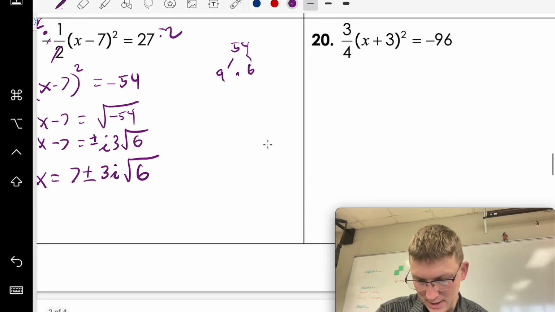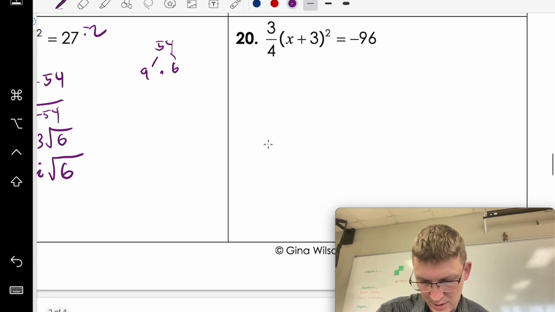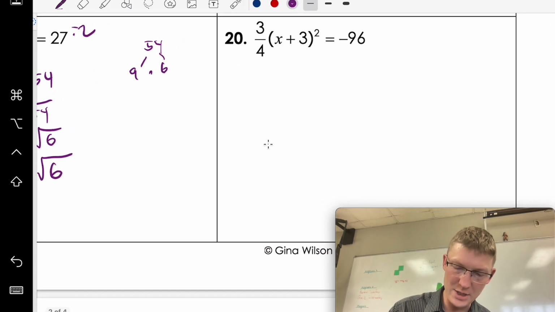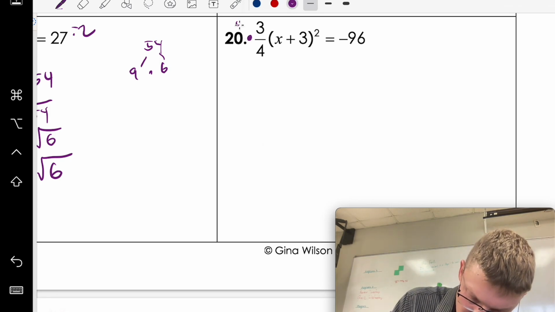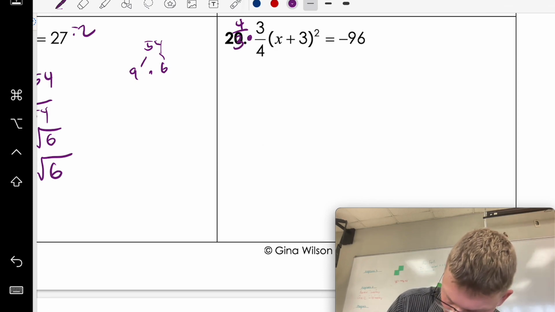All right, last but not least, number 20. So we've got a more interesting fraction here, but that's okay. All we got to do is multiply by the reciprocal still, both sides.